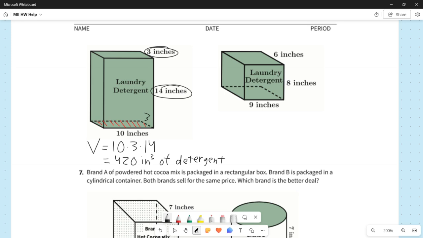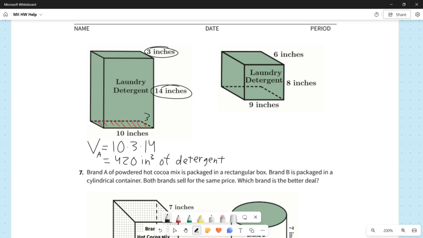So if you did this in a different order but still got 420, that's perfectly fine. I like to do it this way because we can always fall back on the fact that for any prism or cylinder, it's the area of the base times the height. That general formula does not change between different kinds of prisms or cylinders. So we'll call this V sub A.